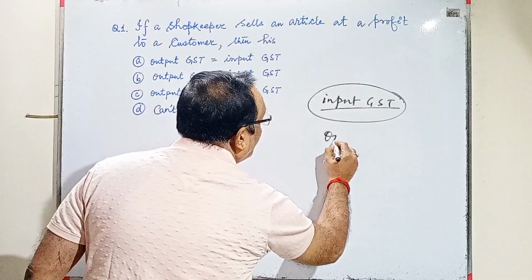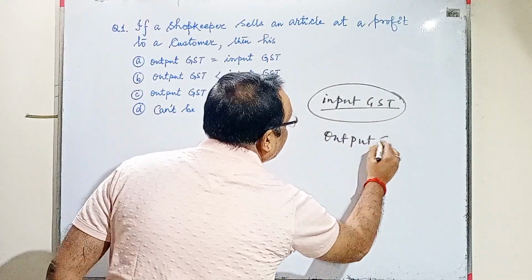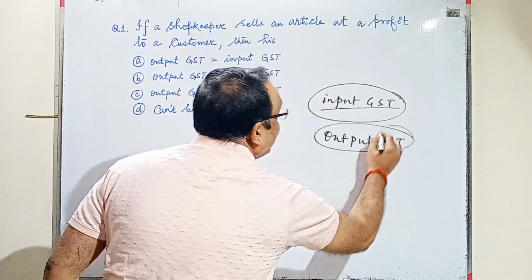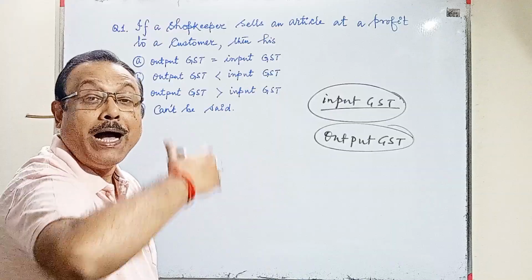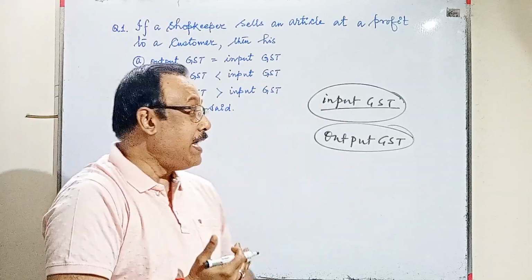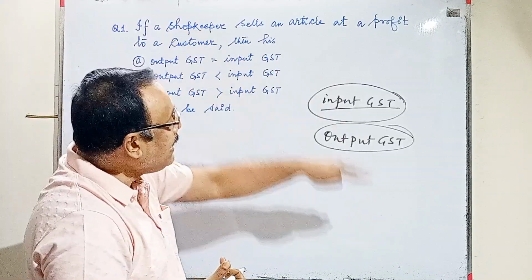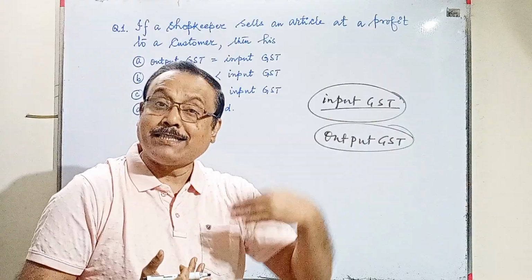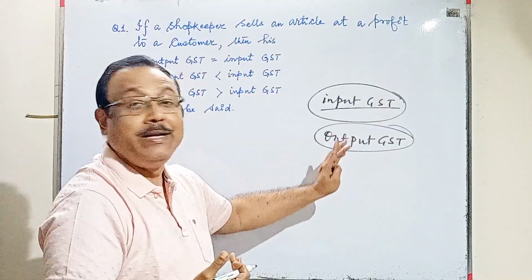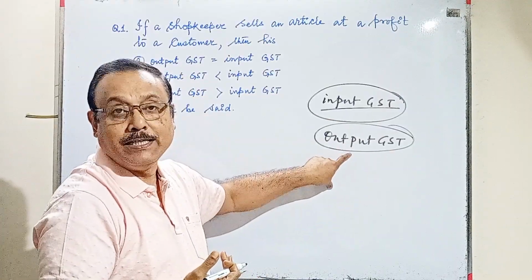And output GST is the GST that you receive after selling an item. That means when the shopkeeper is selling the item, the amount of tax that he charges the customer is called output GST.